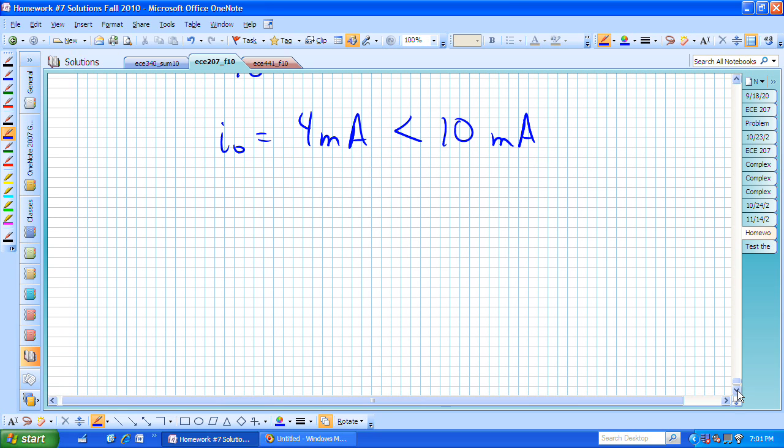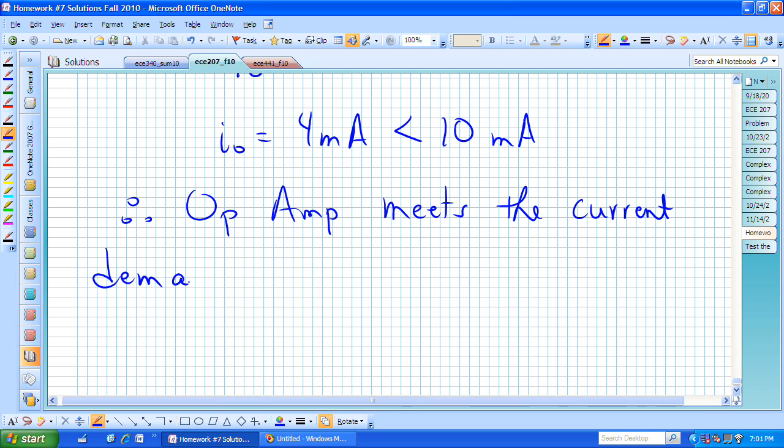Meaning this particular load resistor is not going to require more than what our system can put out, and so therefore our op-amp not only meets the frequency demands, but it meets the current demand. 4 milliamps is less than 10, so it meets the current demand of this load R sub L that we subjected it to, and because of that we're not going to have any clipping.